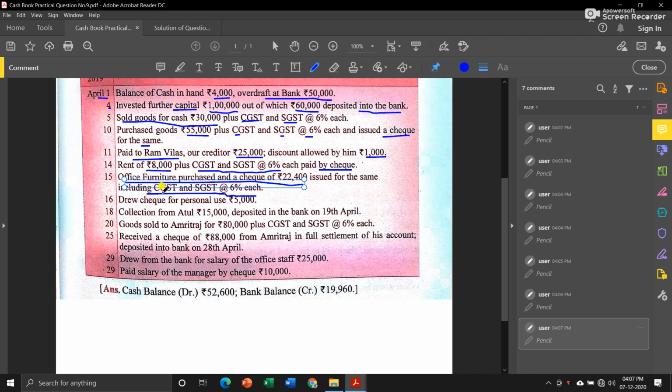So the actual amount of furniture is somewhat less than 22,400, which we have to find out. It is simple. You can find out 6% of 22,400 for CGST and again 6% of 22,400 for SGST.